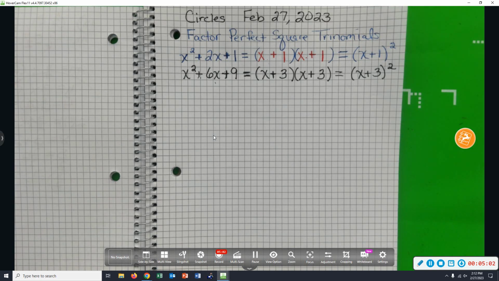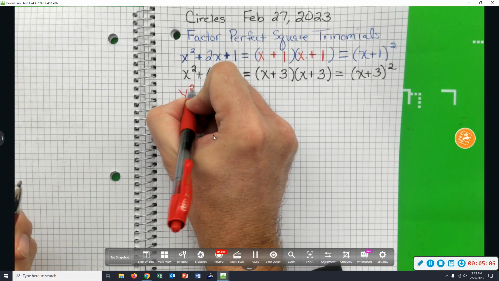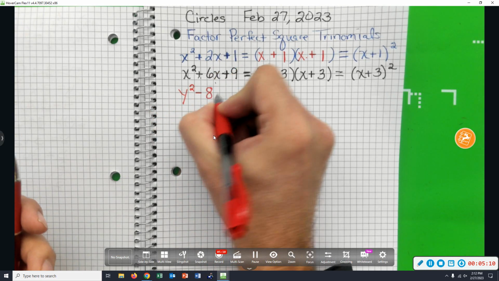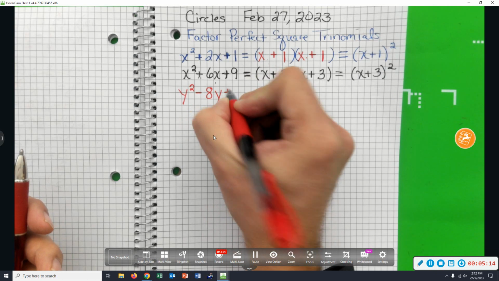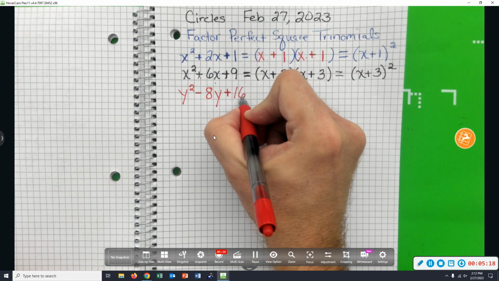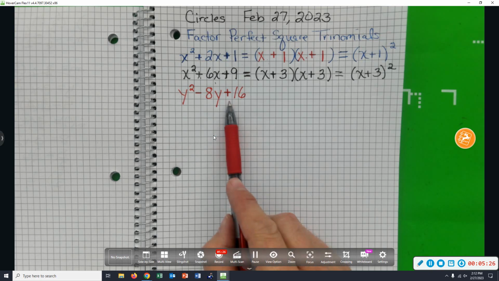Let's factor this one. How about y squared minus 8y plus 16? Is that going to be a perfect square trinomial? In order for it to be a perfect square trinomial, that second sign has to be plus. It is.